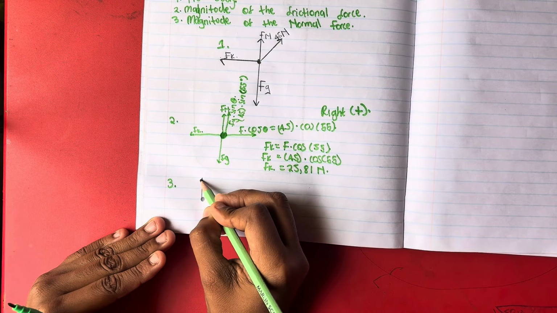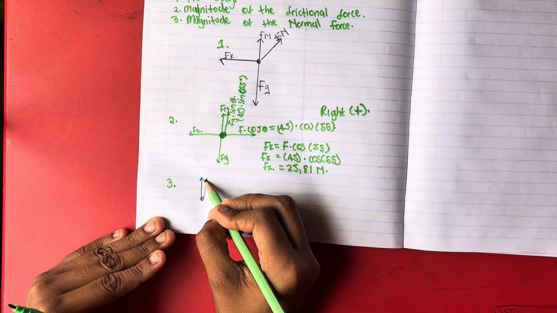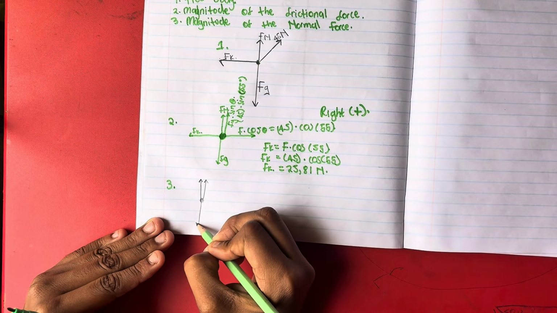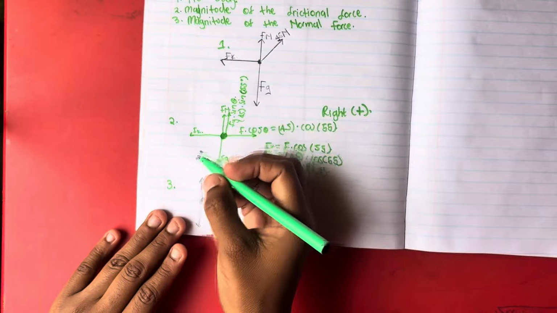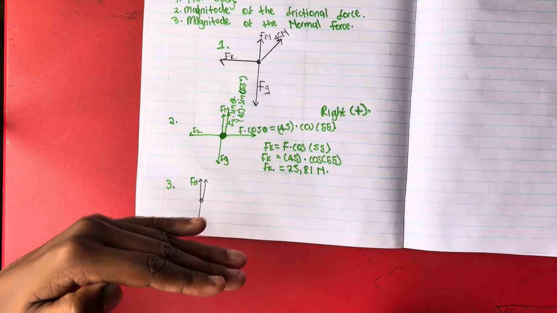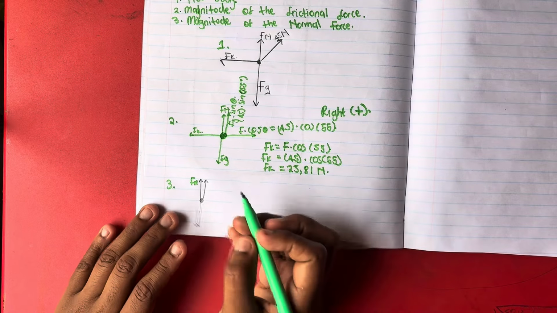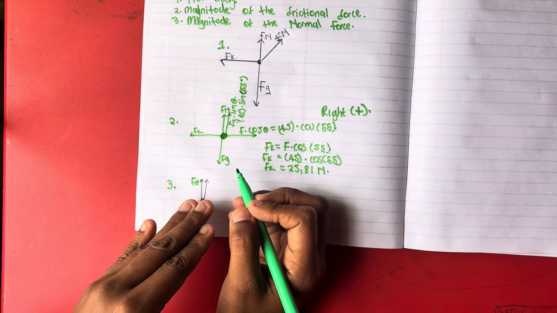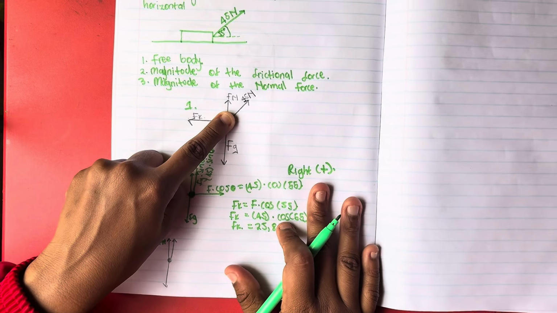So we have these two, and then we also have weight. This one will be our Fn, which is our normal force, the force acting perpendicular to the surface, right? Then this one will be the y component of the 45 Newton force.